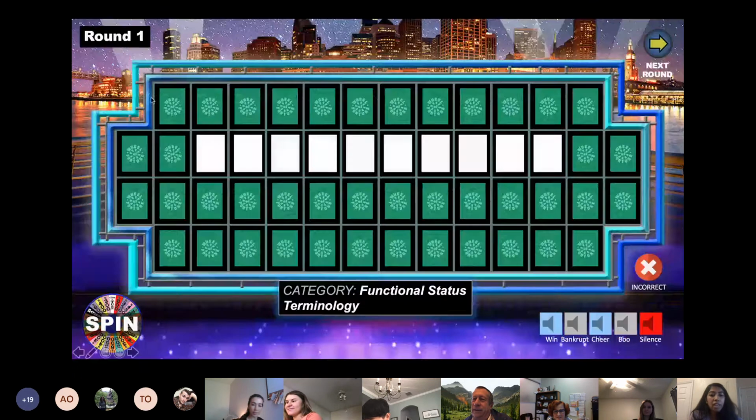The category is functional status terminology that Sam was talking about. So it's one of the terminologies for functional status. So guess a letter.